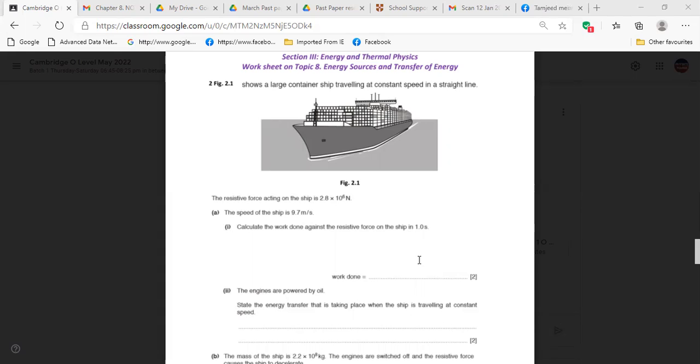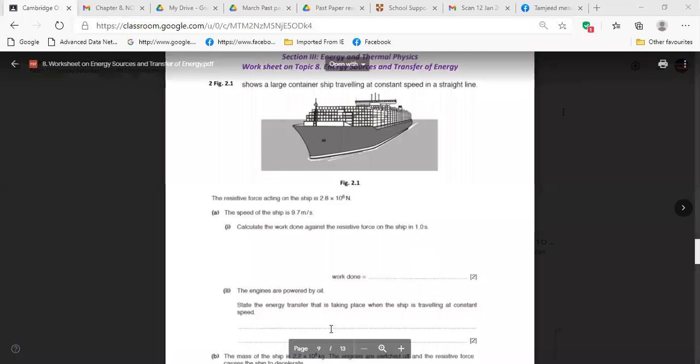Work done equals force into distance moved, right? So if you want to get the work done here, how can you find it?